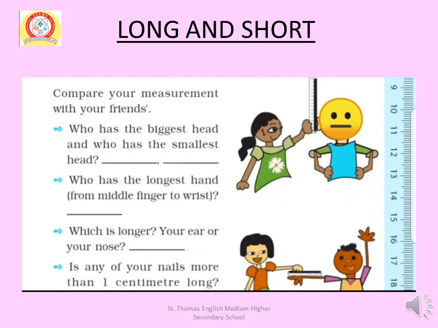Next, who has the longest hand from middle finger to wrist. Next, which is longer, your ear or your nose? Next, is any of your nails more than 1 centimeter long? You have to write all these.